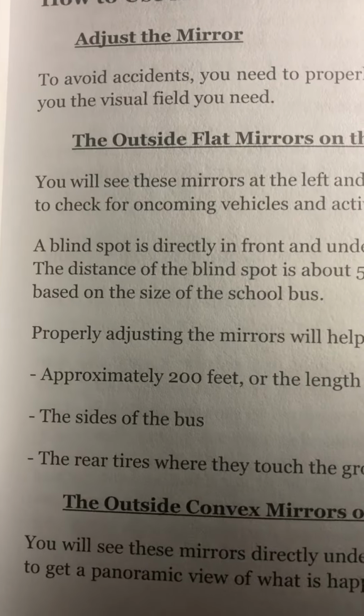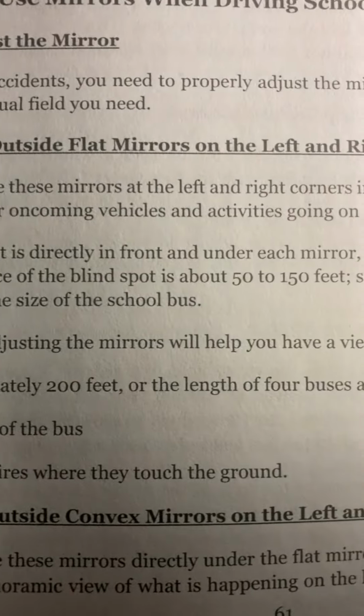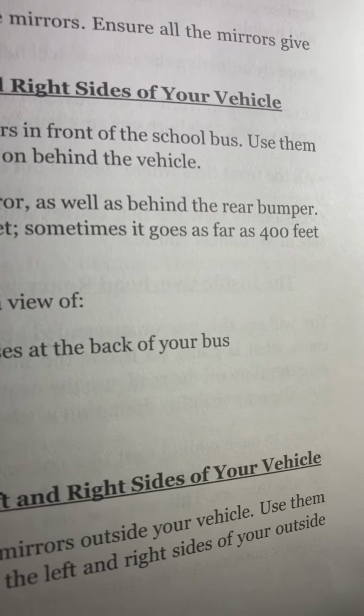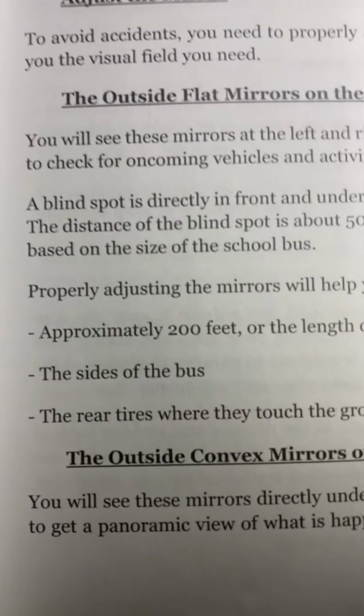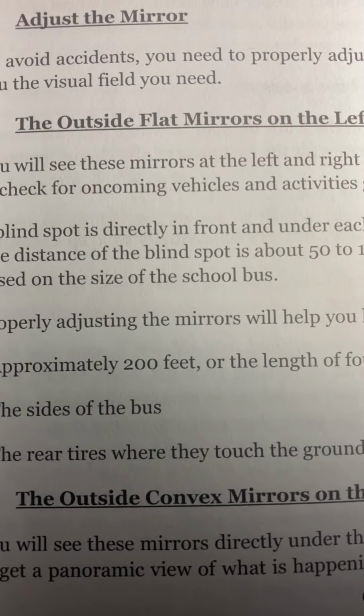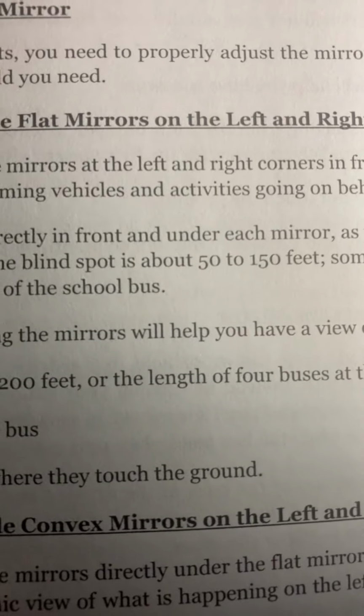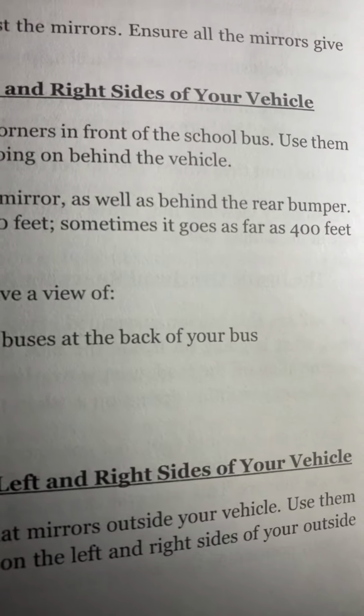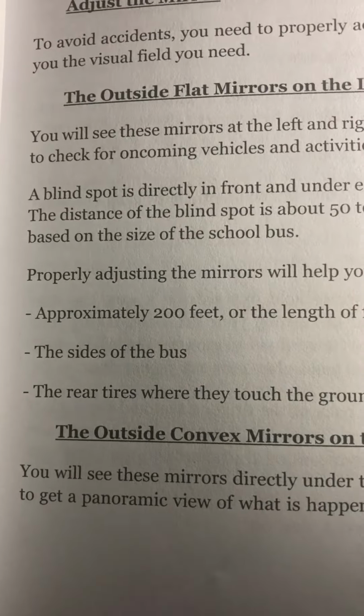A blind spot is directly in front and under each mirror, as well as behind the rear bumper. The distance of the blind spot is about 50 to 150 feet. Sometimes it goes as far as 400 feet, based on the size of the school bus.